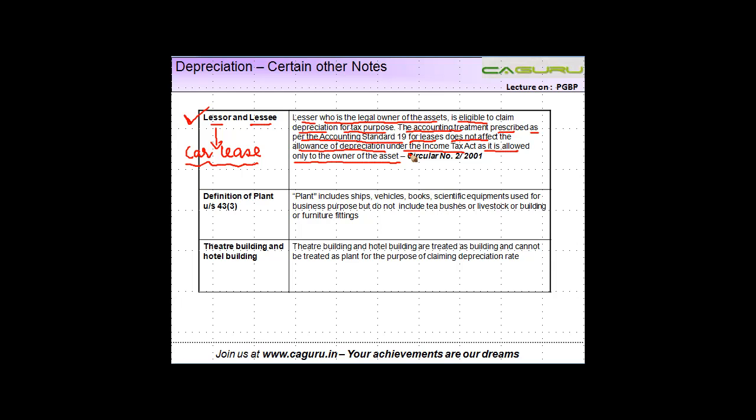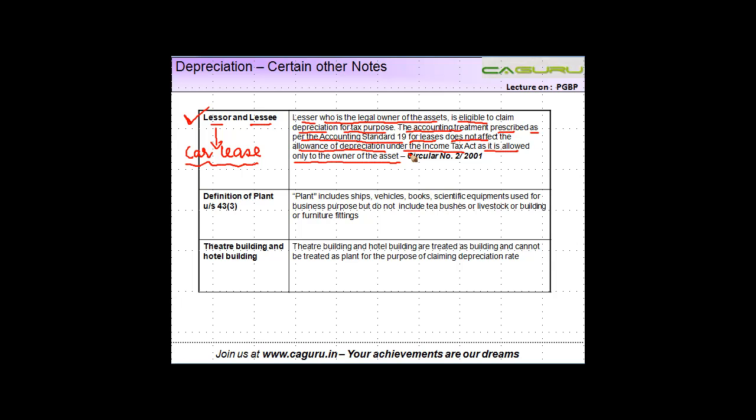Now, this is something which we saw when we saw the conditions relating to the claim of depreciation. The first condition that was there, if you remember, and if you don't remember, please go back to the other video where this aspect has been discussed, which is dealing with the conditions relating to the claim of depreciation. The first condition is that the assessee has to be the owner of the asset.